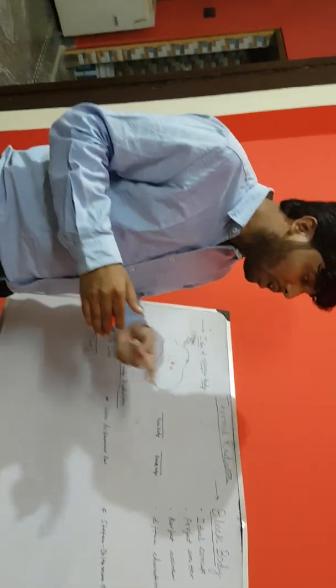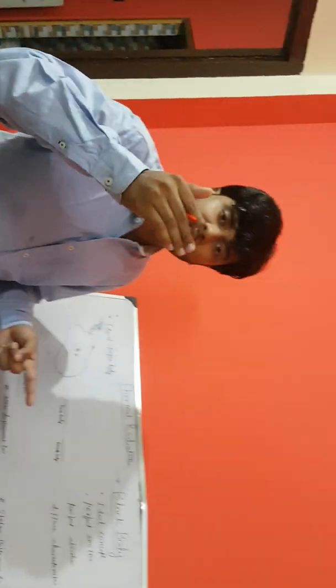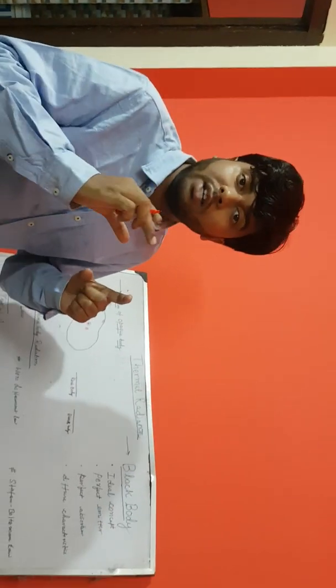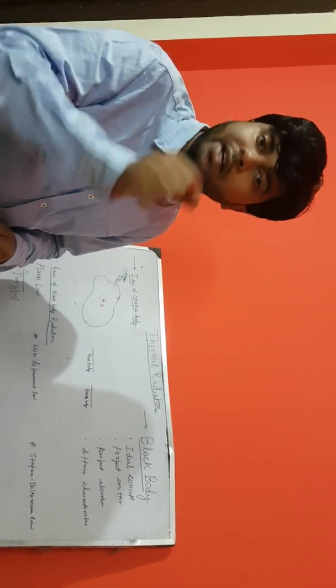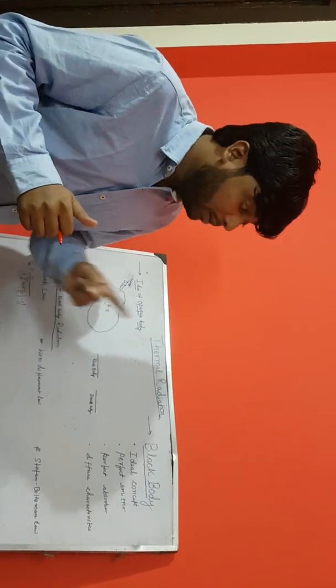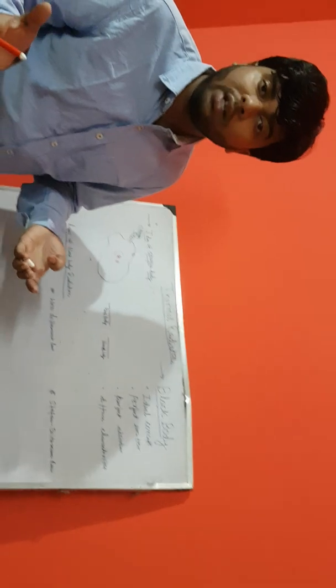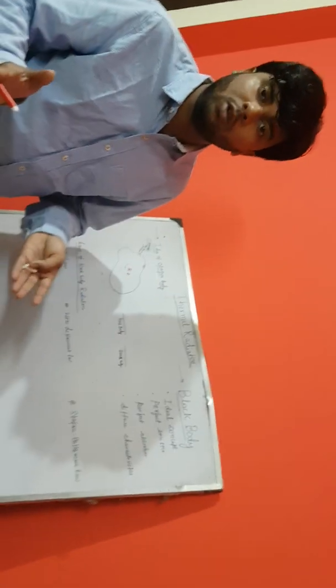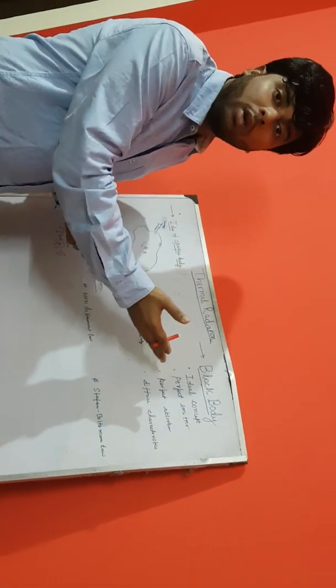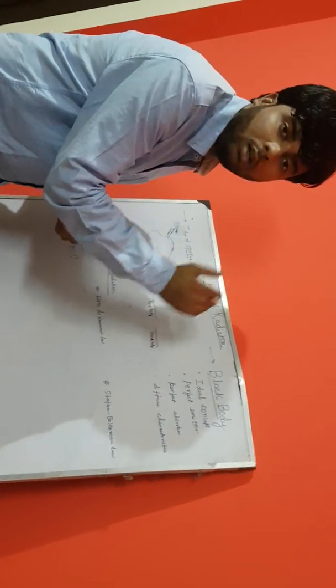But if we place a Carnot engine between the source and sink, it will have the maximum efficiency. But the Carnot engine actually does not exist. It is a hypothetical concept. In the same way, the black body is also a hypothetical concept.